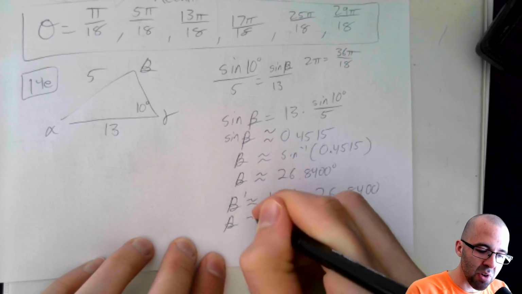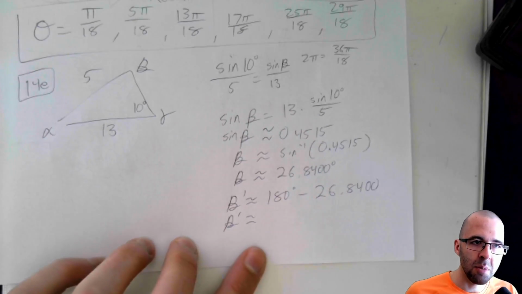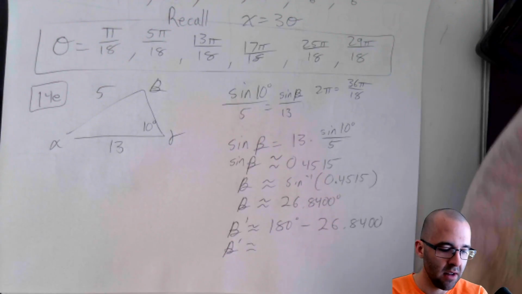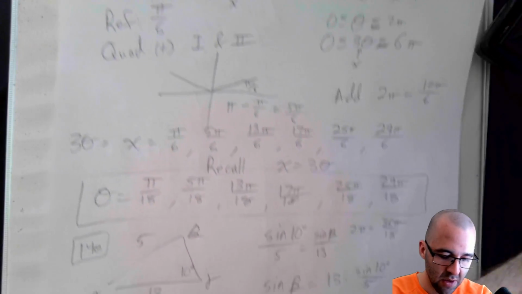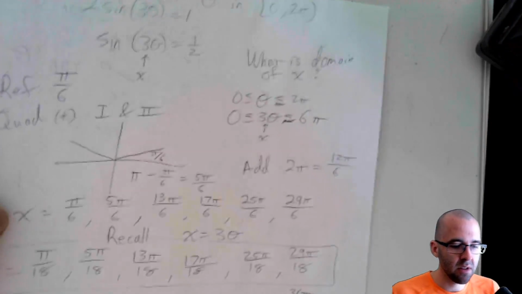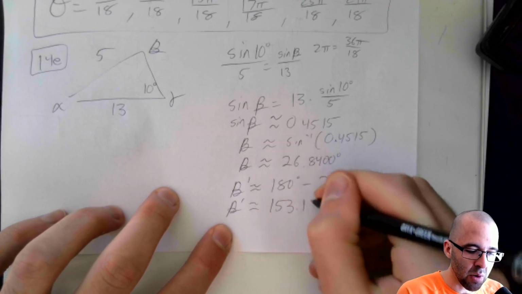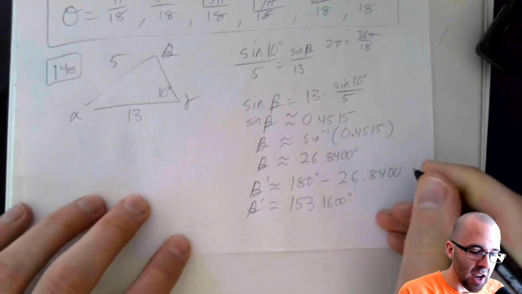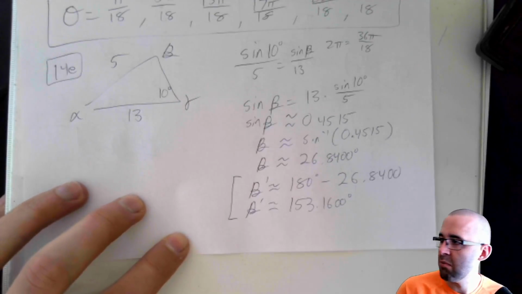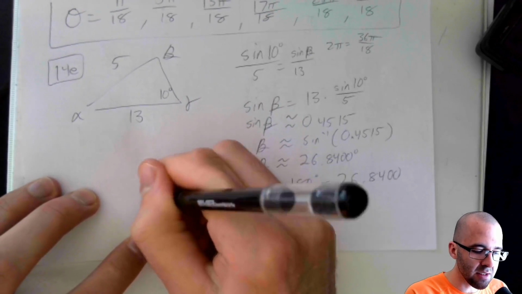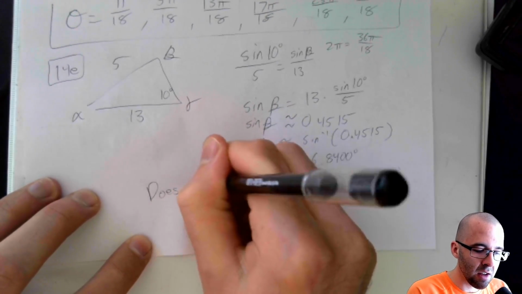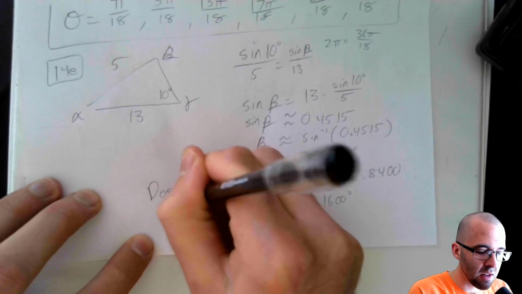All right, so beta prime would be the supplement, 180 minus 26.8400. That's 153.1600 degrees. And the question you have to answer in these ambiguous cases is, does this make sense?